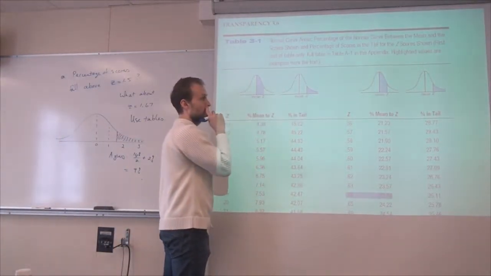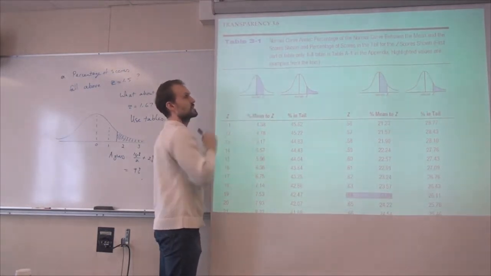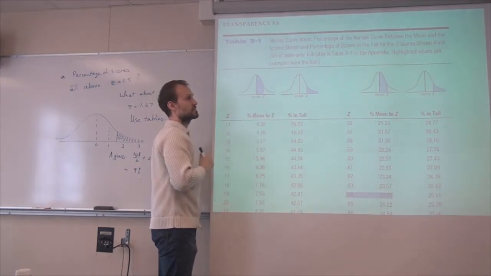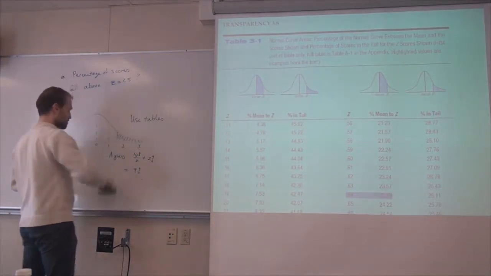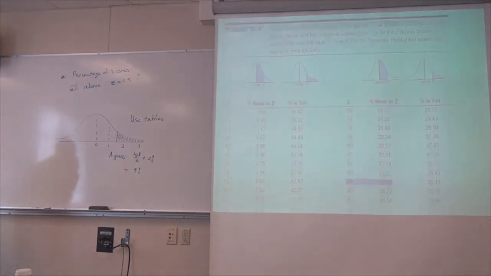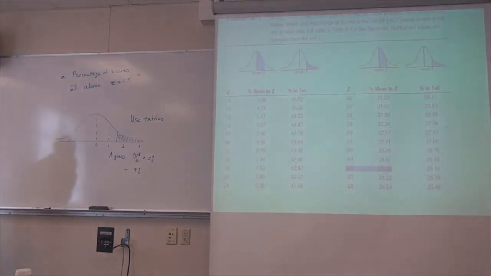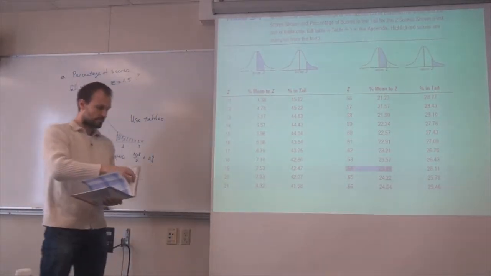And the other one that could be of interest is from the mean to a Z value. What percentage would that be? So in our case, let's look at 1.5. I'm looking for a Z value of 1.5. Now it's not in my table, of course it isn't. But I can look in my textbook. I didn't want to show the whole thing over slides, just a couple of them.